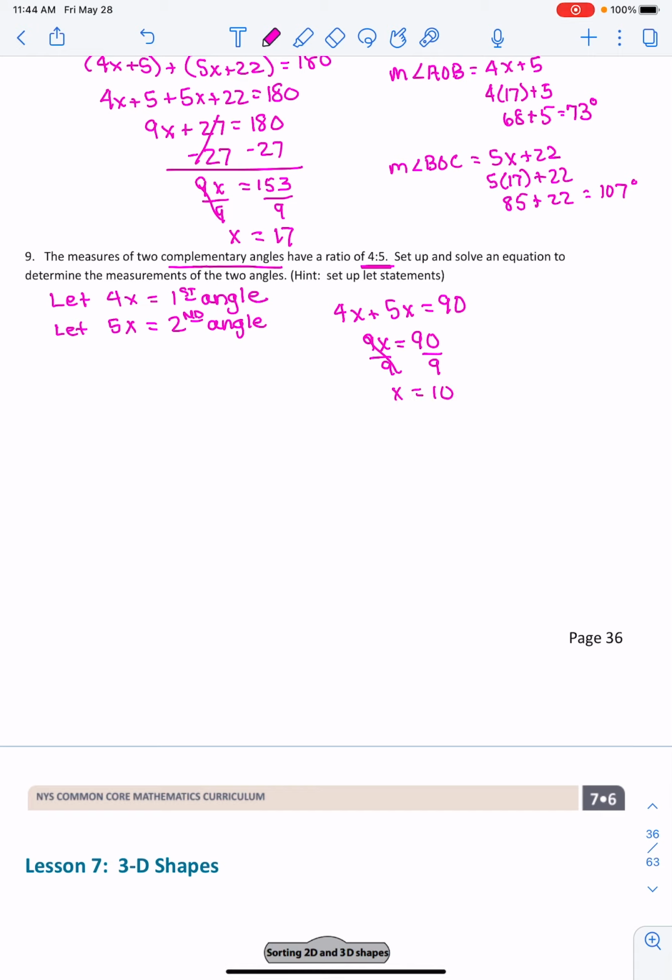So to find my two angles, my first angle is 4x, which is 4 times 10, which is 40. My second angle is 5x, which is 5 times 10, which is 50. Put my degree symbols on there. And that ends my lesson for today.